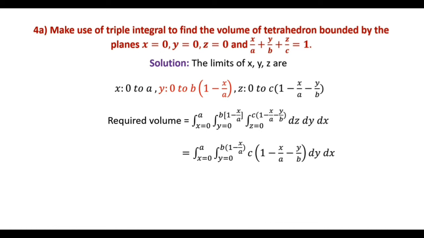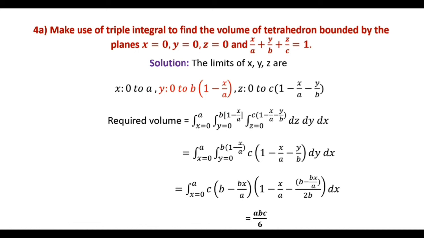Integrate with respect to y and substitute the limits. The integrand is in terms of x. Again integrate with respect to x. We get the result as abc by 6.